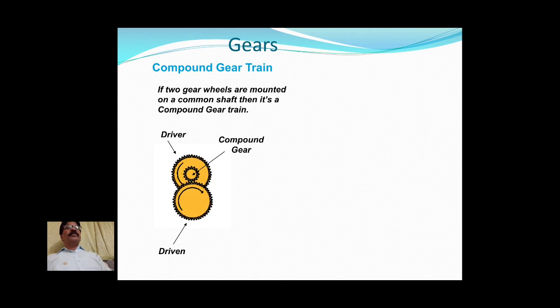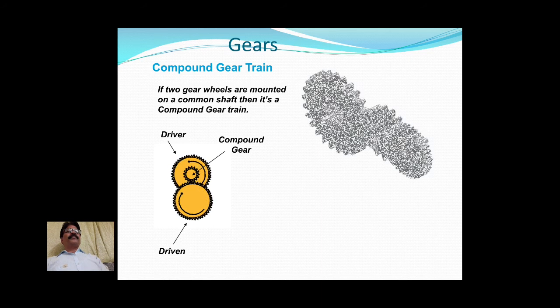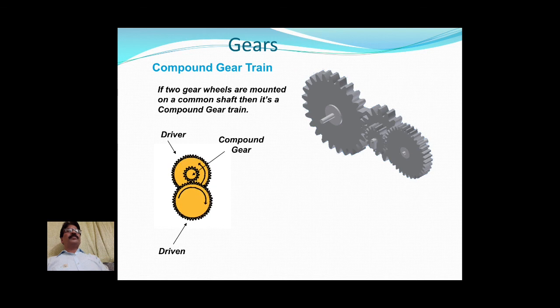If two gear wheels are mounted on a common shaft, then it is a compound gear train. This type of train is used for various types of applications. Depending upon the applications, we can use the compound or simple gear train. This is one more example.